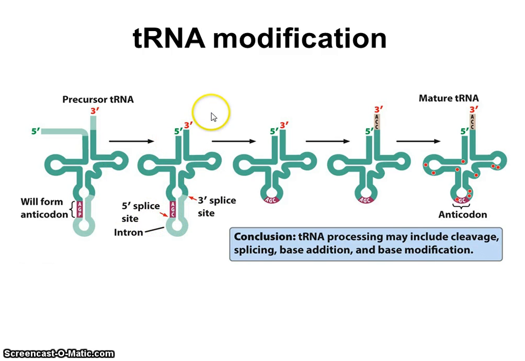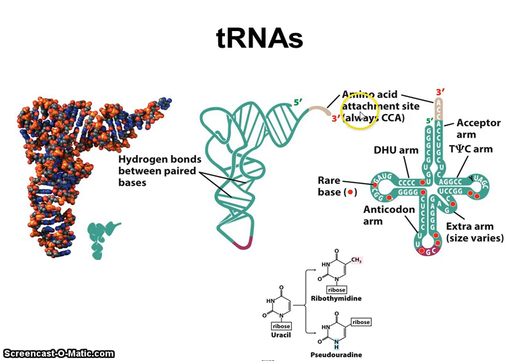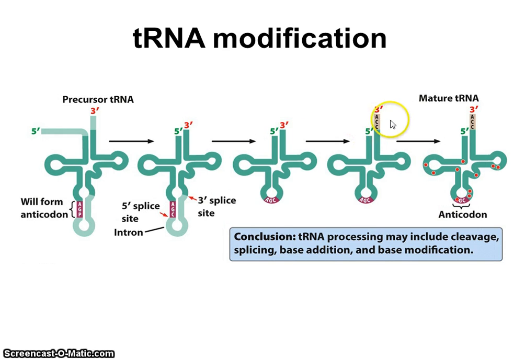You also get the ends trimmed, and then the amino acid attachment site, which is always CCA in the 5' to 3' direction, gets added on. So the CCA is not encoded into the DNA of the tRNA gene. It's added on later. And then finally, in a final step, you can get chemical modifications of these rare bases.